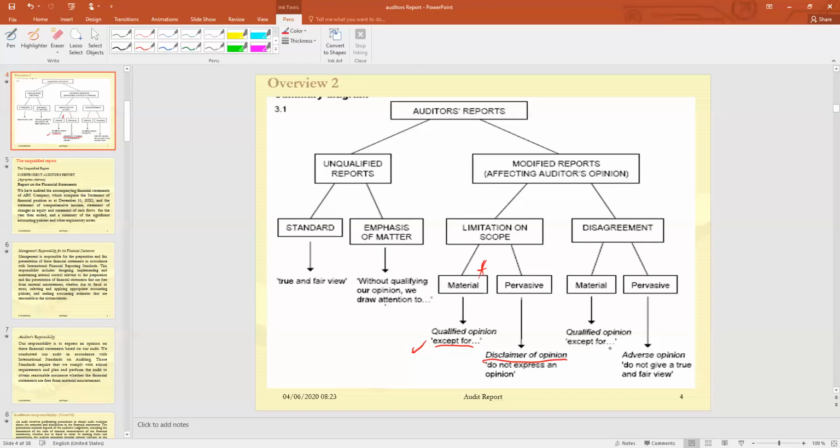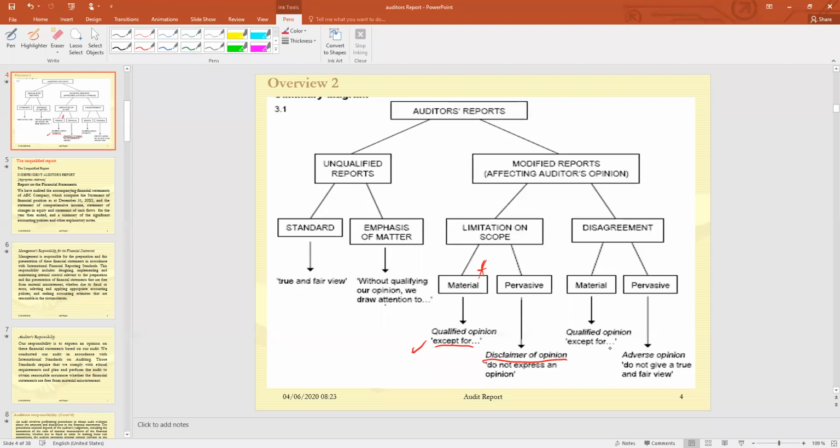So in case it's a disagreement on a matter, and there's the potential impact, the effect, if there's any misstatement. For example, on the accounting policy, you as an auditor think that the company is meant to depreciate the asset over, let's say, 3 years. However, management says the asset has a useful life of, let's say, 40 years. That's a huge difference. 3 years for the auditor, for management they say it's 40 years.